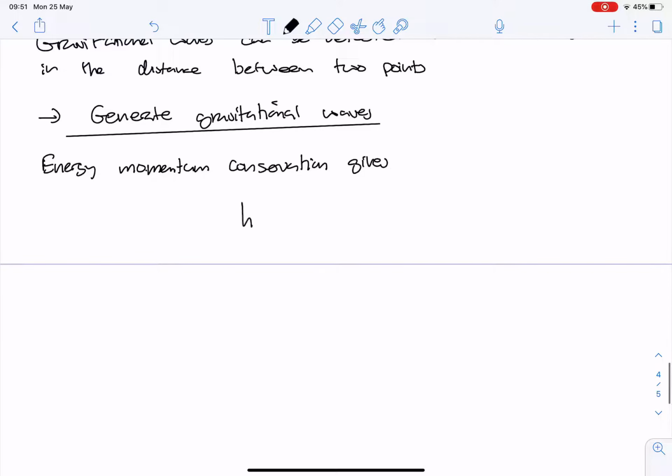It gives you that the gravitational wave strain, averaged over, is approximately the following.